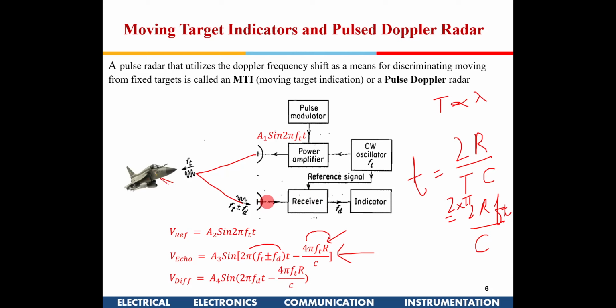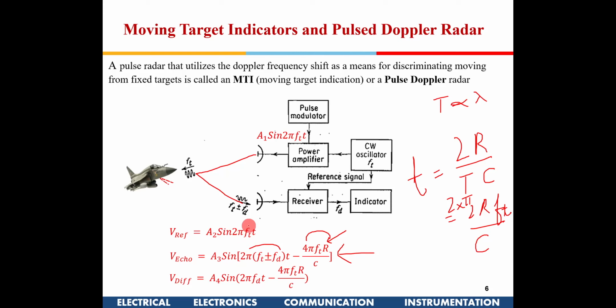What we are going to do is this signal and this signal, we are going to beat in the receiver and take out the beat frequency. Now if I beat these two frequencies, it will be like sine A into sine B. One component will be ft plus ft, if you add these two, it will be 2 ft. That will be a very high frequency.